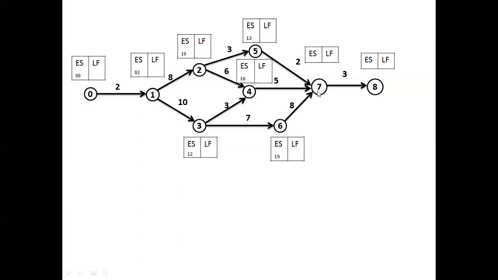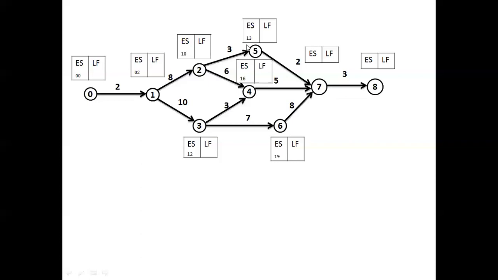Whereas 4 to 7 starts on the 16th day, takes 5 days for processing, then it will be completed on the 21st day. Then as far as 6 to 7 is concerned, the 6 to 7 activity starts on the 19th day, takes 8 days for processing, which means on the 27th day, 6 to 7 will be completed.